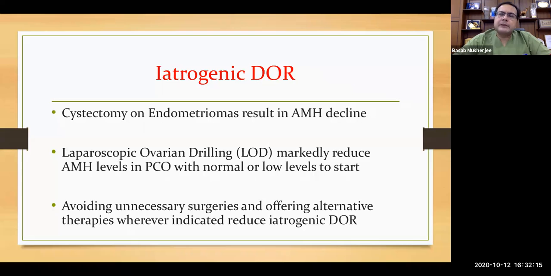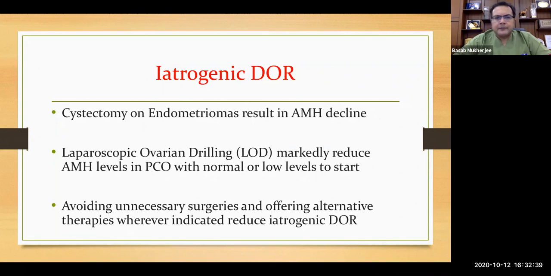It may come down just because of the disease by itself, not because of the surgery. Some people say that after the surgery, AMH temporarily goes up. But again, these are a lot of conjectures and some small clinical experiences which haven't really translated into big studies. But something is very clear: any surgery on the ovary will lead to a decreased ovarian reserve.